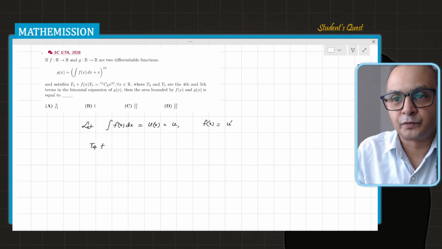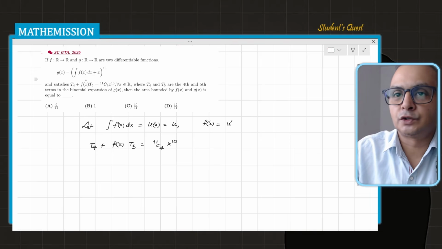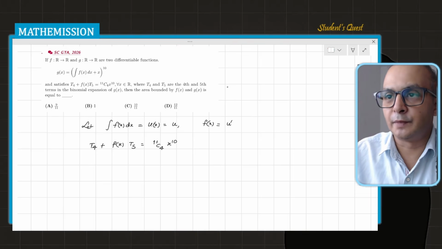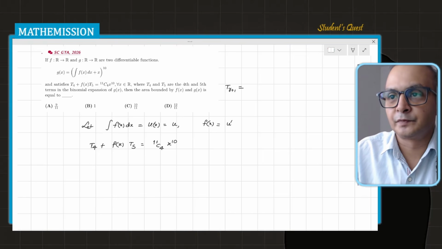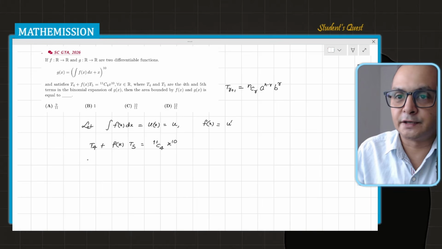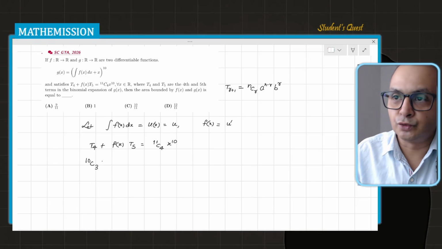So we have given t4 + f(x) t5 = 11C4. We know the formula for the binomial expansion, the T(r+1) general term, that is nCr a^(n-r) b^r. So for t4 I can write 10C3, since I need 4, I substitute 3 there, and the value of a is u, so u to the power n minus r, that is 10 minus 3, that is 7, and x to the power 3.